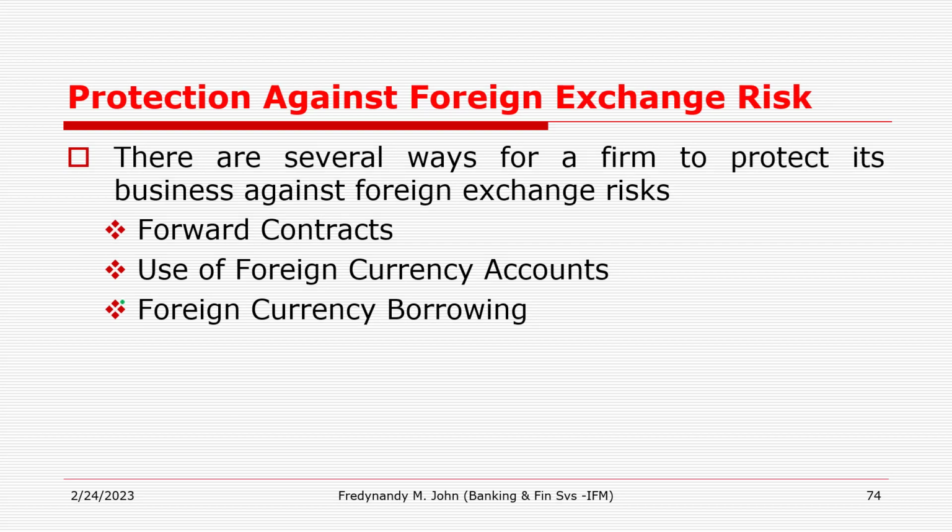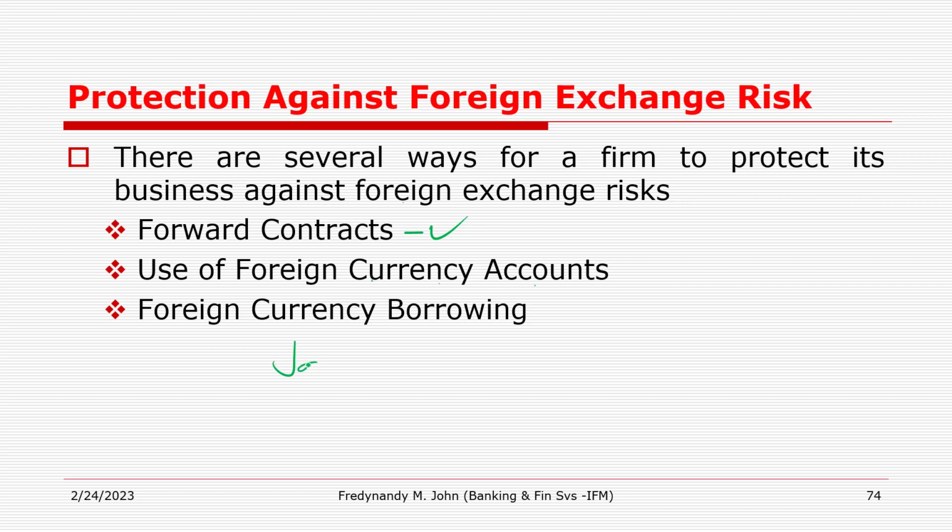Now there are several ways for a firm to protect its business against foreign exchange risk. We've already discussed the forward contract, but we can as well use a foreign currency account. How does this work? Consider the following example.